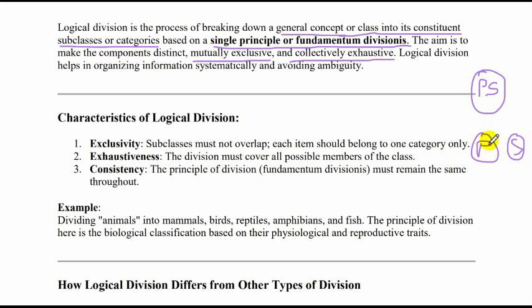They should not overlap. That is, they should be mutually exclusive. And collectively exhaustive means all S of the broad should be in the S, and all members of the P in the broad category should be included in the P subclass. So this division helps in organizing information systematically and avoiding ambiguity.